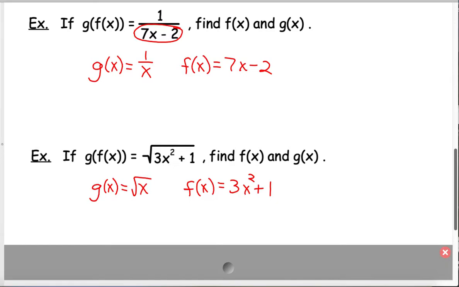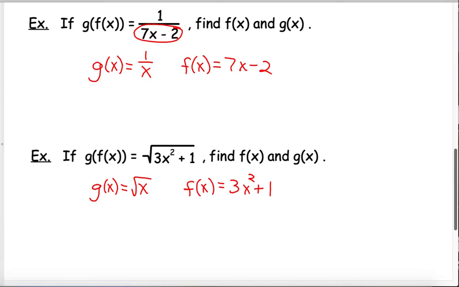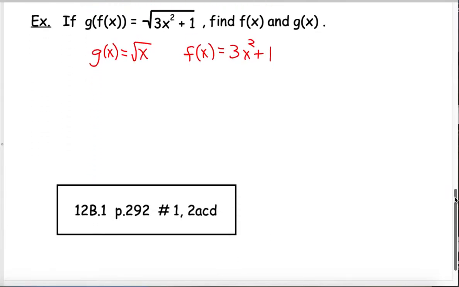Okay, so it's important when you look at more complicated functions like this, that you see the composition of functions, because that's what we need to do in order to apply the chain rule. So first, there's a few practice problems in 12.b1, and after you do those, you're ready to go on to the chain rule.